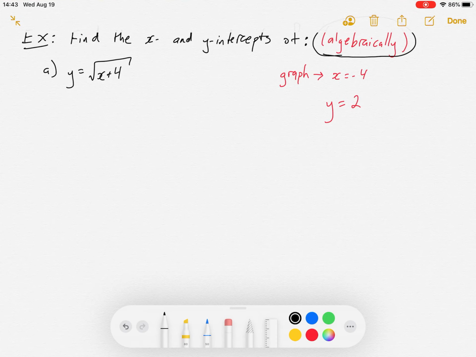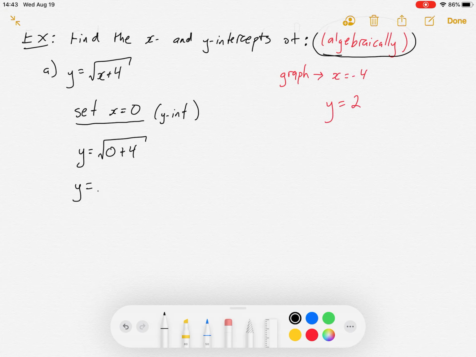So what we're going to do is set x equal to 0, and this is for finding the y-intercept. So y equals the square root of 0 plus 4. That means y equals the square root of 4, which you might have already gotten is 2. And that checks out with what we found from the graph.